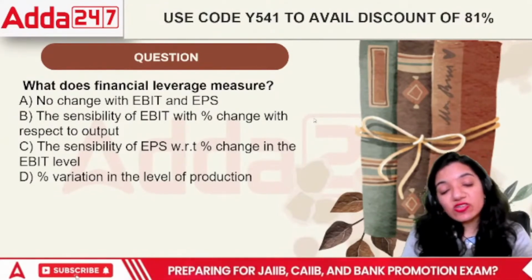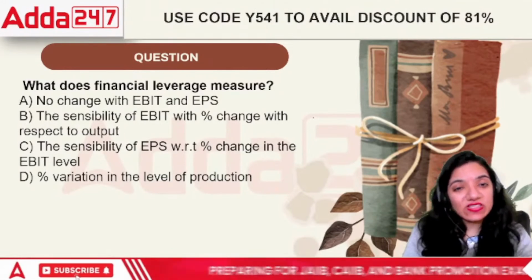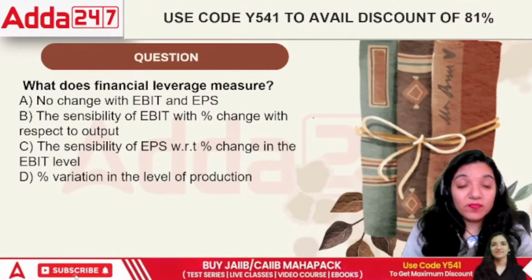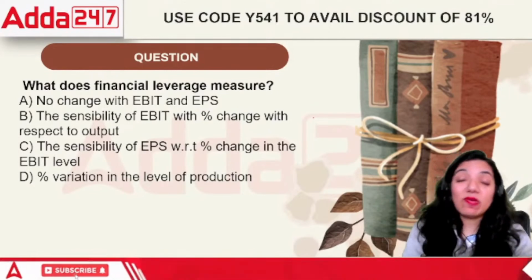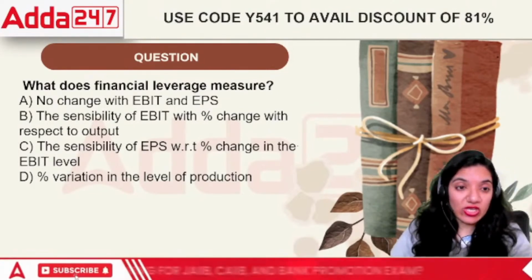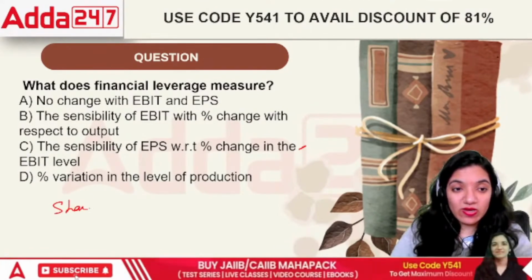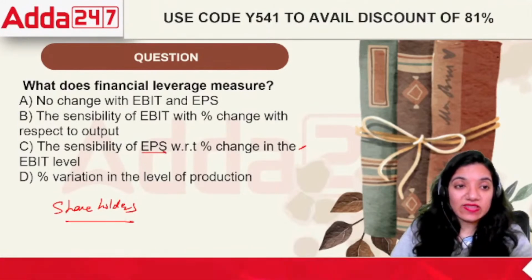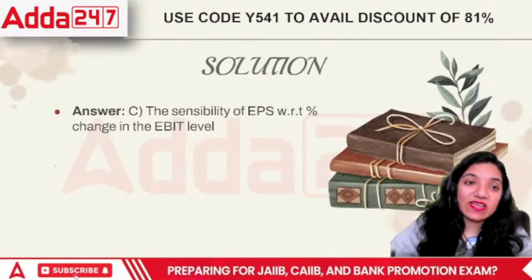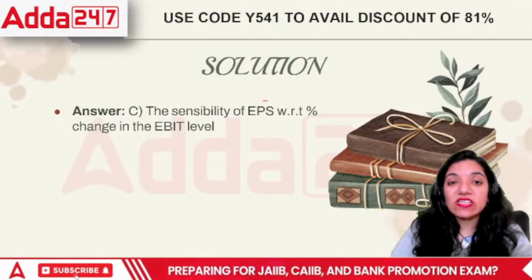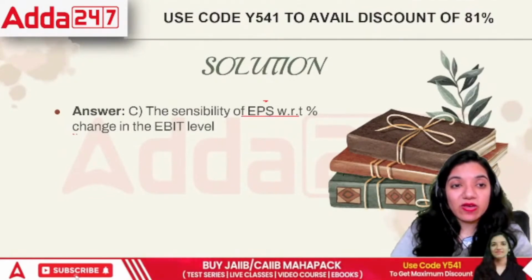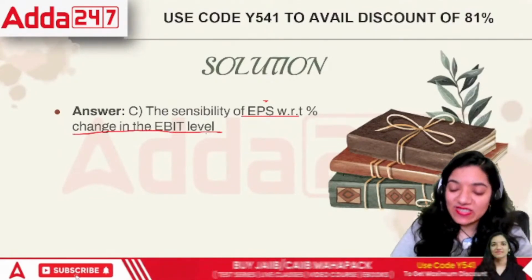It is related to EPS as well as EBIT, because we need to find out what is the amount that we would like to give to our shareholders. So the point here is EPS as well as EBIT: the sensitivity of earning per share with respect to the change in the EBIT level.